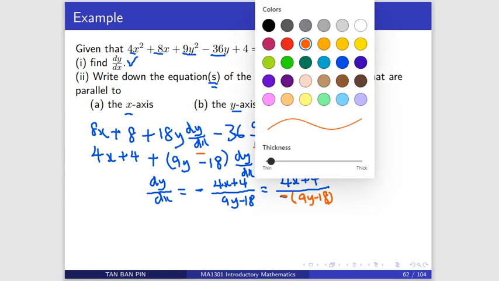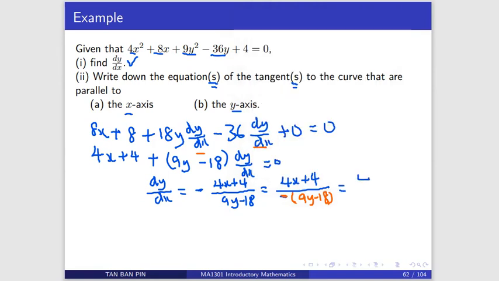You can multiply the minus sign in. So it's 4x plus 4 over 18 minus 9y. Remember, the negative of a minus b: multiply the minus sign in, minus a minus gives you a plus b, which you can write as b minus a. So it's 18 minus 9y.